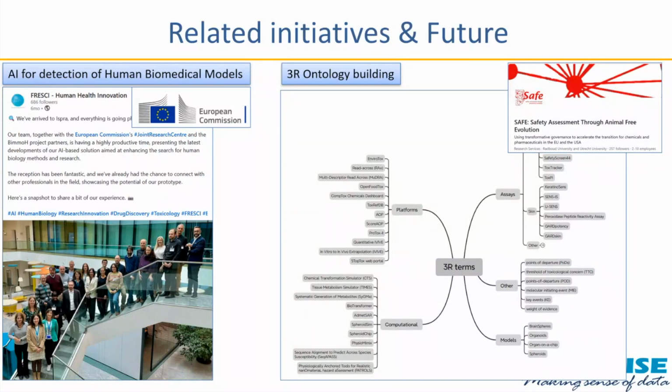Together with them and a few more companies, we are with the JRC working on a similar database where we use similar technology, AI, for the detection of human biomedical models. So this is a little bit broader than our strict 3R terms definition that I used before. Same technology is more or less used, but the database is much bigger. So we're working hard on that.